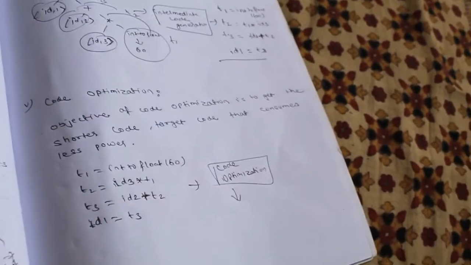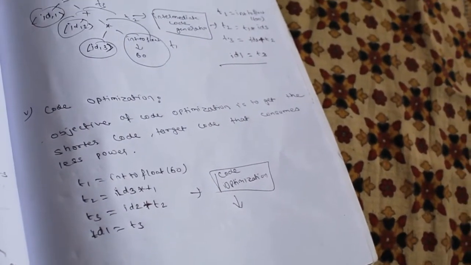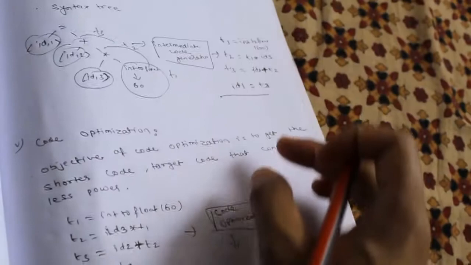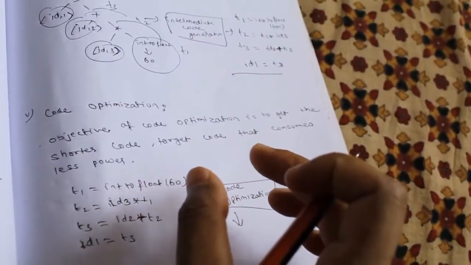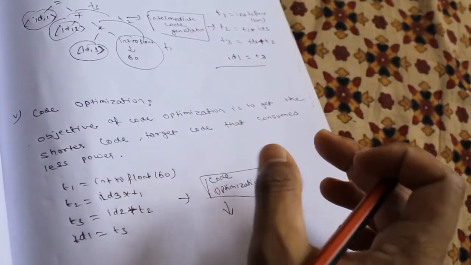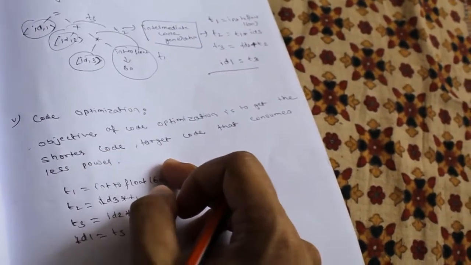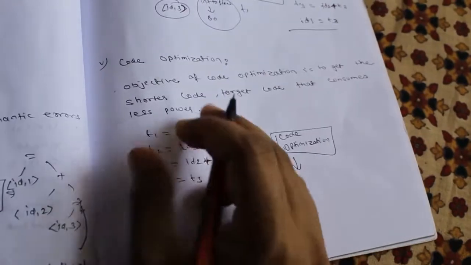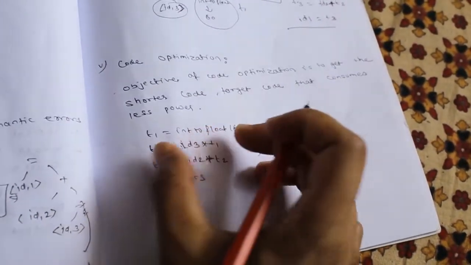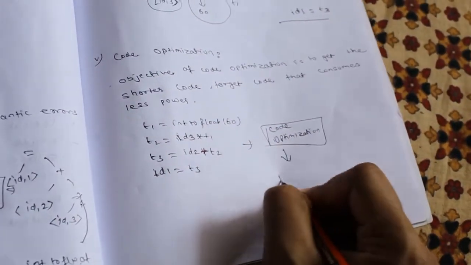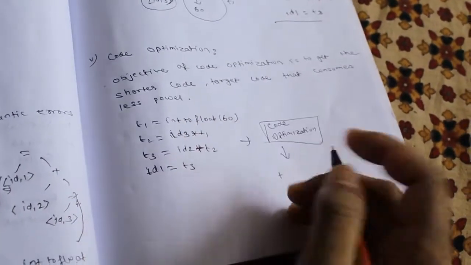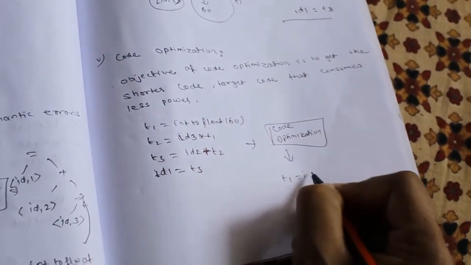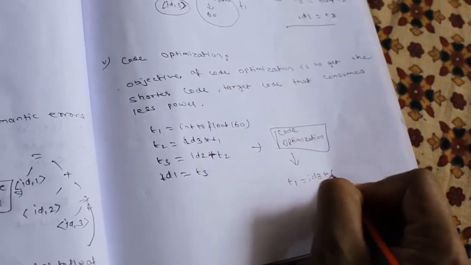Now we have studied that the main aim of the code optimization is to reduce the consumption of power. So here we are making the number of steps into a simpler form. So now here we are reducing these 4 steps into 2 steps, like t1 equals to id3 into 60.0.